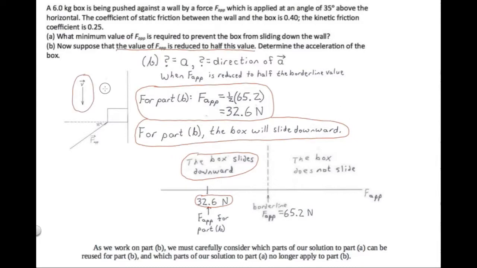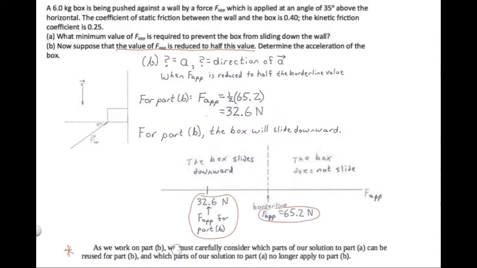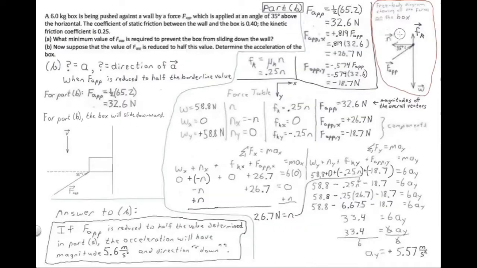We draw a downward velocity vector to indicate the box's direction of motion after it begins moving for part B. As we work on part B, we have to carefully consider which parts of our solution to part A can be reused for part B, and which parts of the solution to part A no longer apply to part B. For example, we've now seen that the value of F applied that we discovered in part A does not apply in part B.